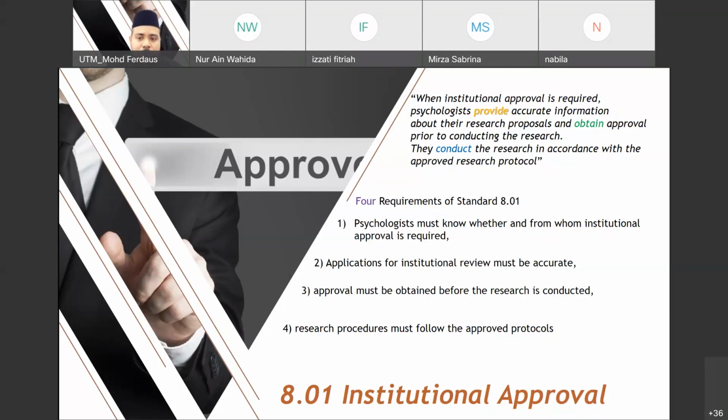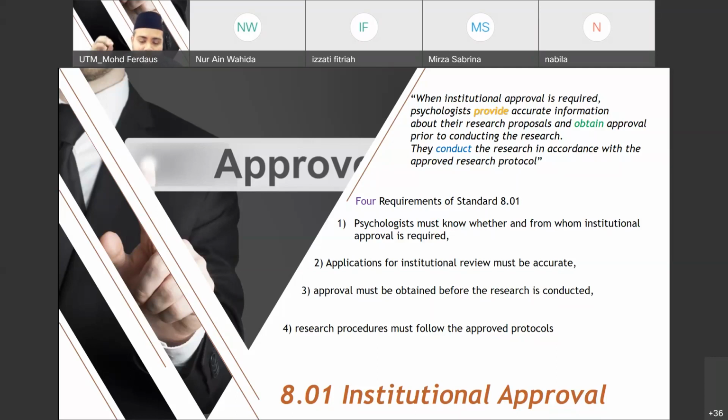But here it involves other parties. If it is a private school, then it's okay for you to request approval from the school itself. But if the school is under the purview of the Ministry of Education, Kementerian Pendidikan, you actually need to ask for permission and approval from the ministry itself.